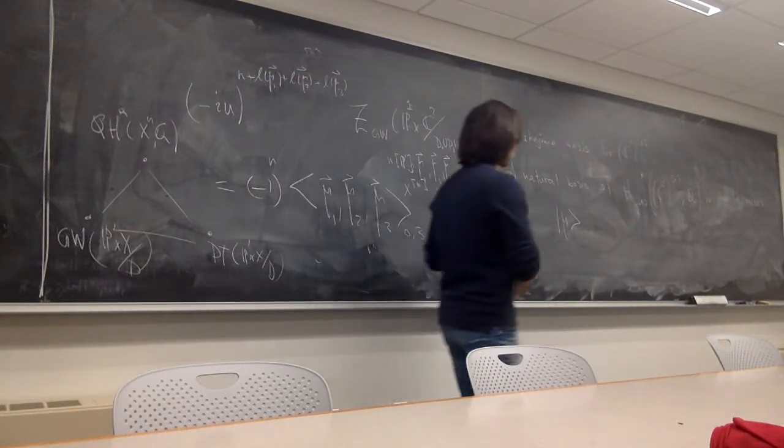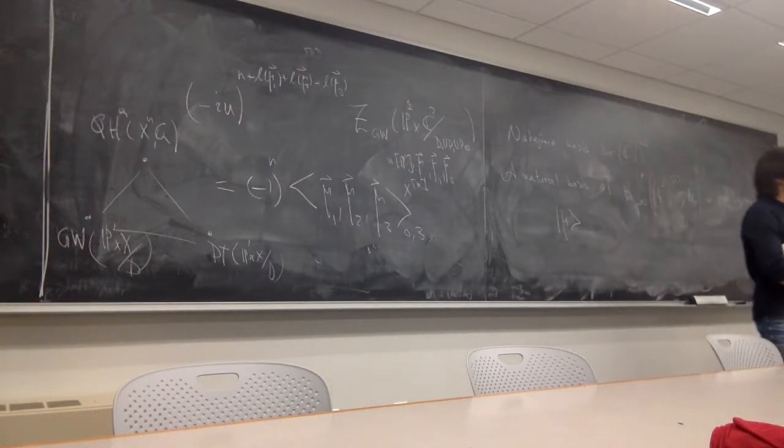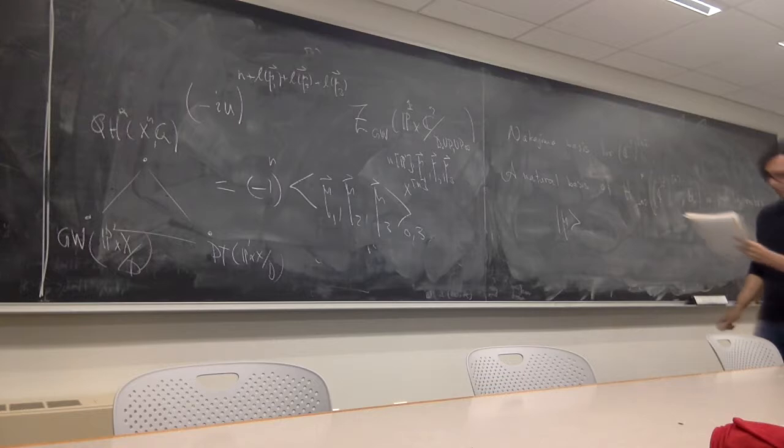As you remember, every partition of n gives us a basis element in the Nakajima cohomology theory of that Hilbert scheme.